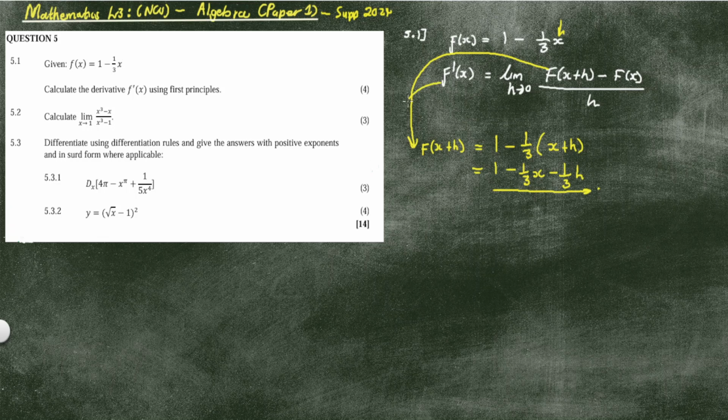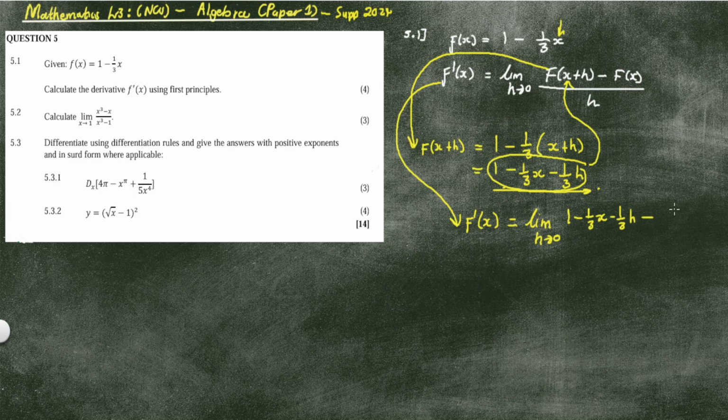Then we go back to this equation, f prime of x is equal to the limit as h approaches 0, where there's f of x plus h, I substitute. I'm going to have 1 minus 1 over 3x minus 1 over 3h minus f of x.